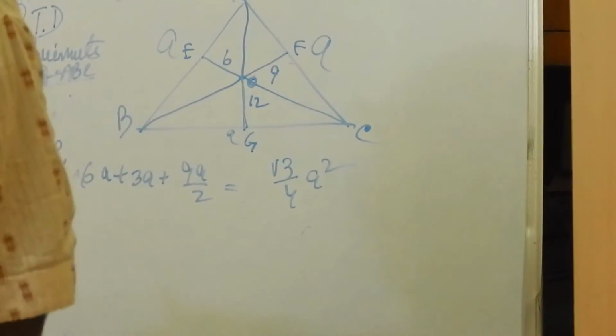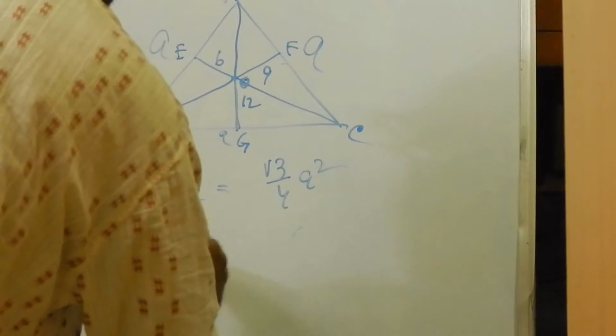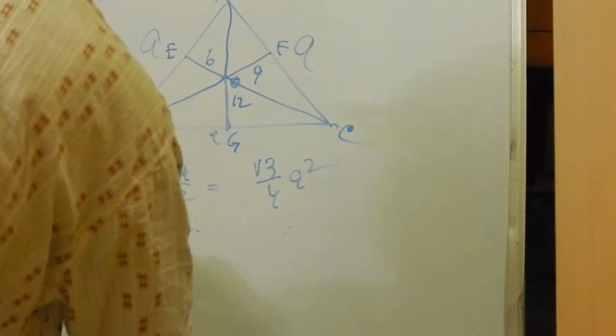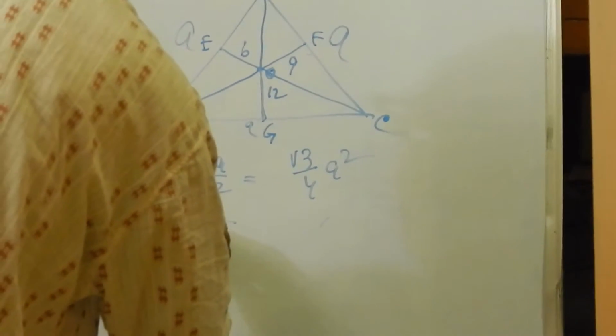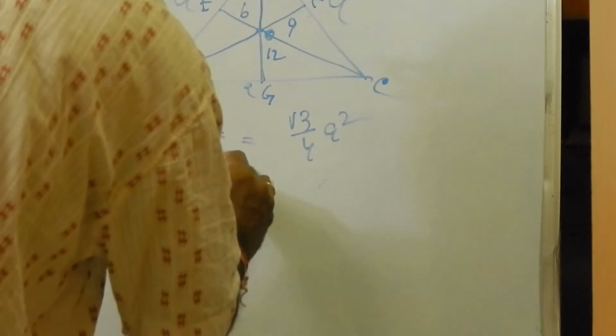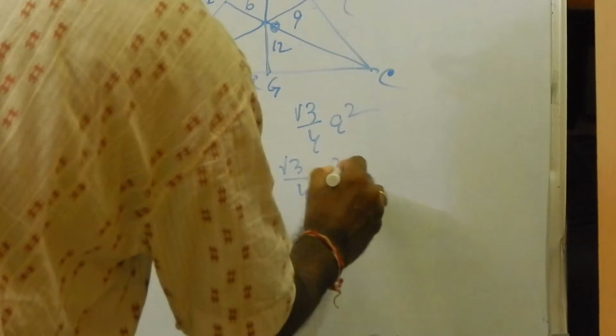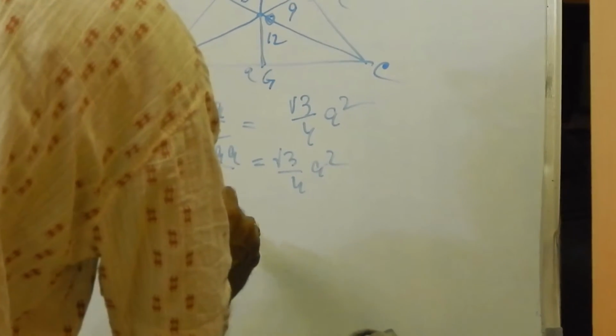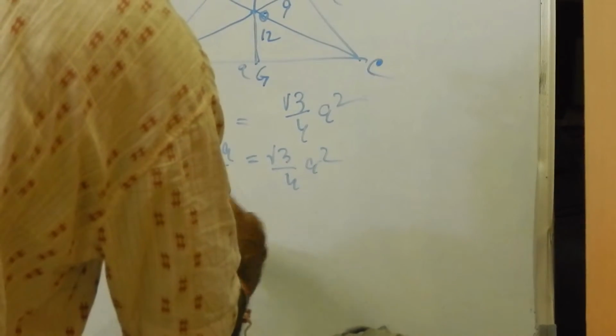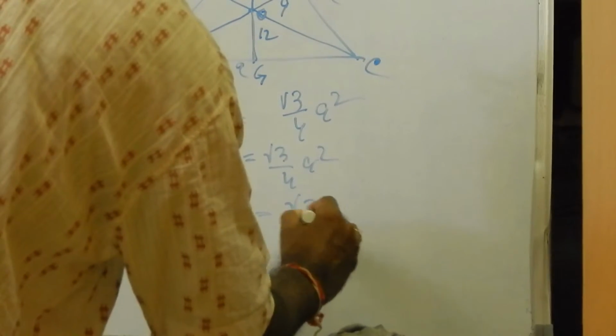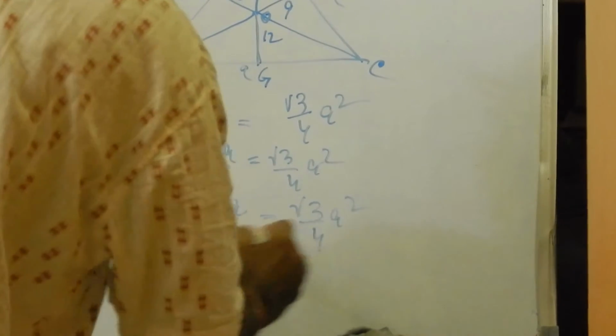So now by solving we get 27a by 2 equals √3 by 4 a square.